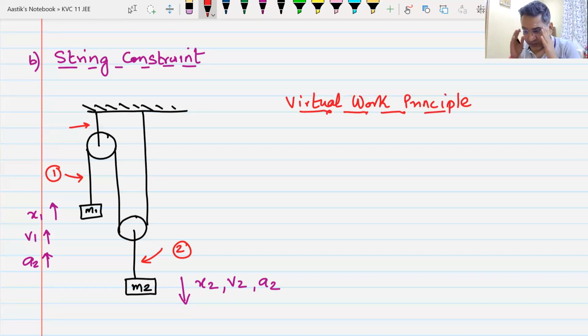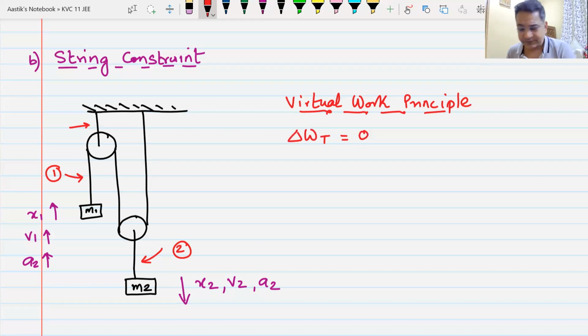Whatever tension is getting applied on one body, the same tension is going to be applied on the other body in the opposite direction. Yes or no? So basically it says that the work done by this tension force, which is the internal force, is going to be 0.